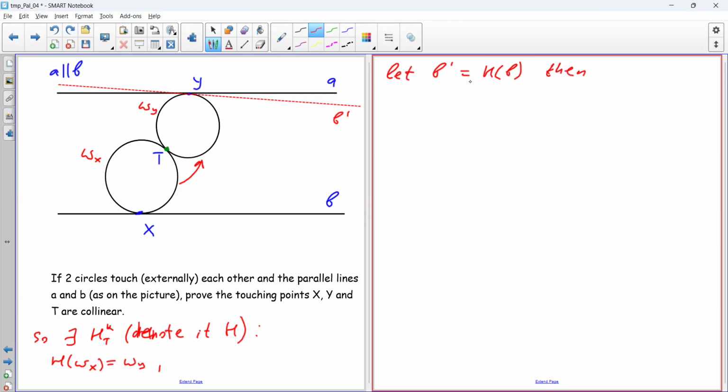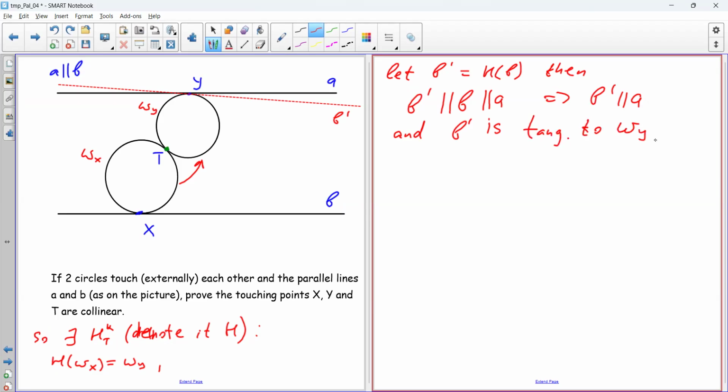Then we have several basic properties. So B prime is parallel to B, first of all, right? And B is parallel to A. And so we have that B prime is parallel to A by transitivity of parallelism for straight lines. And also we have that B prime is tangent to omega y.